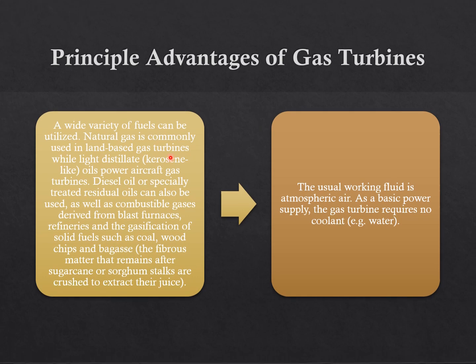Another advantage is you can use different types of fuel. We already know we can use natural gas, which is a very common type for land-based gas turbines. In our first slide, we have low sulfur oil.